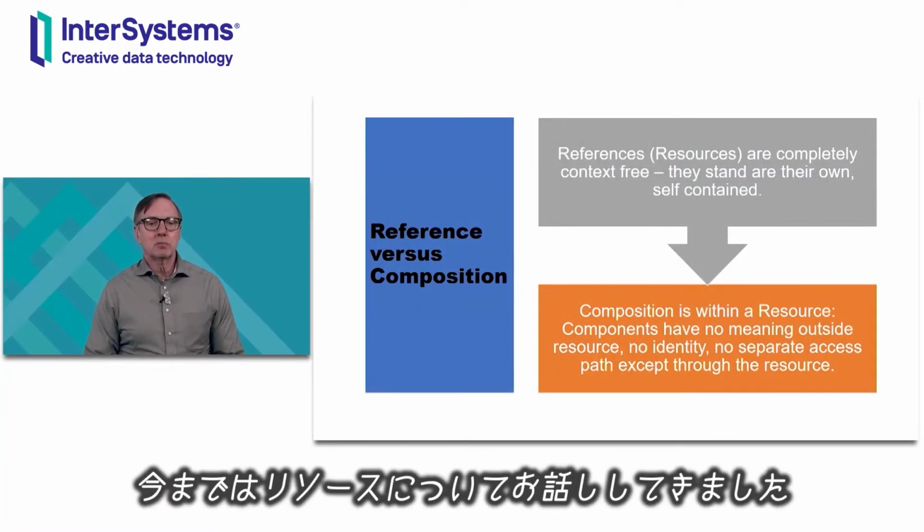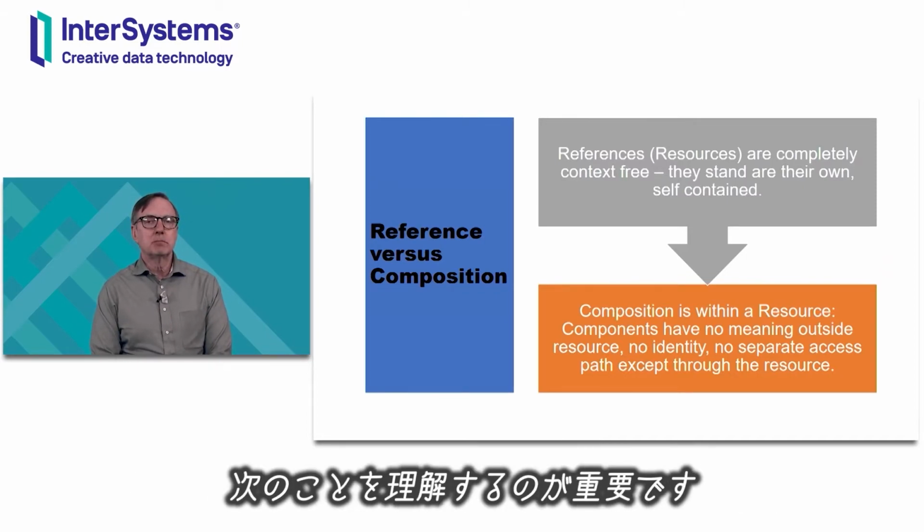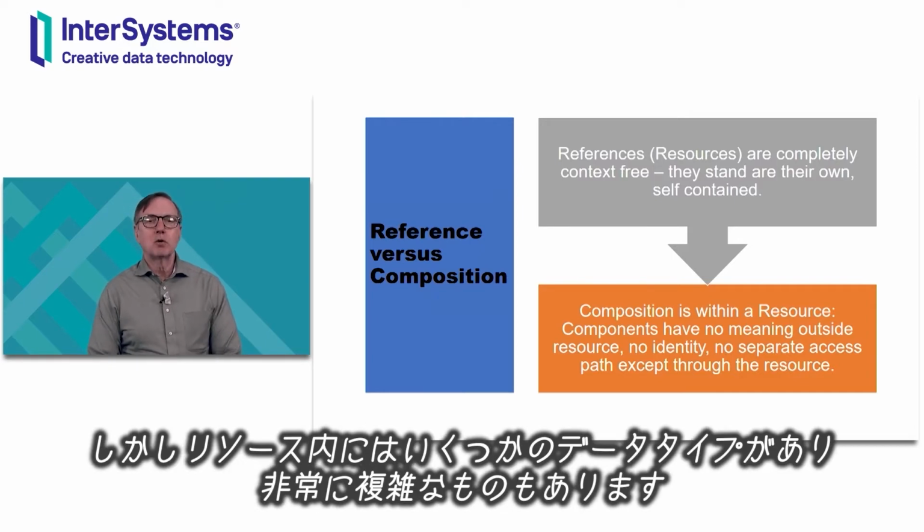Now, I've talked a little bit about resources and how they could refer to other resources. It's important for you to understand that resources are completely context-free. They stand alone. They're self-contained. However, within a resource, you could have a number of data types, some of them very complex.